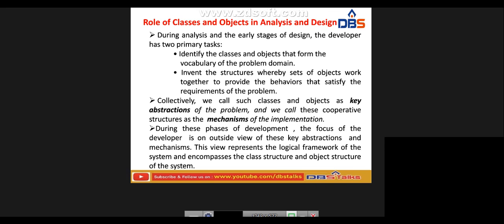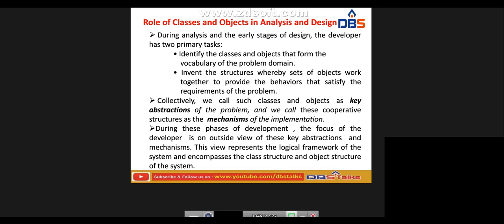Collectively we call such classes and objects the key abstractions in the particular domain, and we call these cooperative structures the mechanisms of implementation. Actually, these are the mechanisms for implementing the particular application.